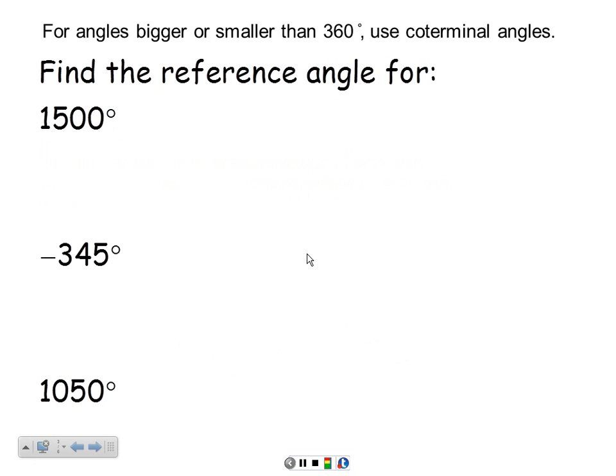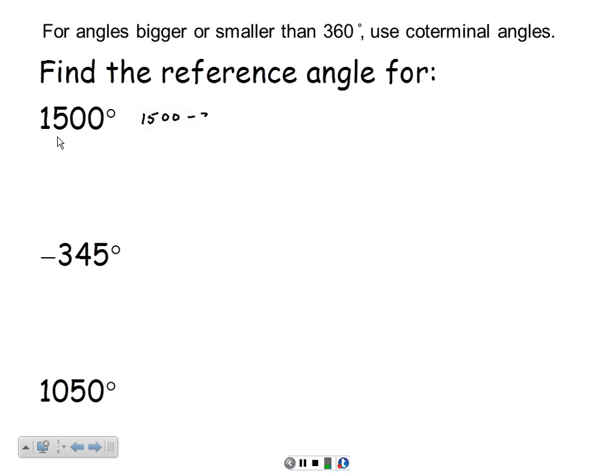Okay, for angles bigger or smaller than 360, to find the reference angle, you're going to have to use coterminal angles. So the first thing we need to do is find the coterminal angle for 1500.